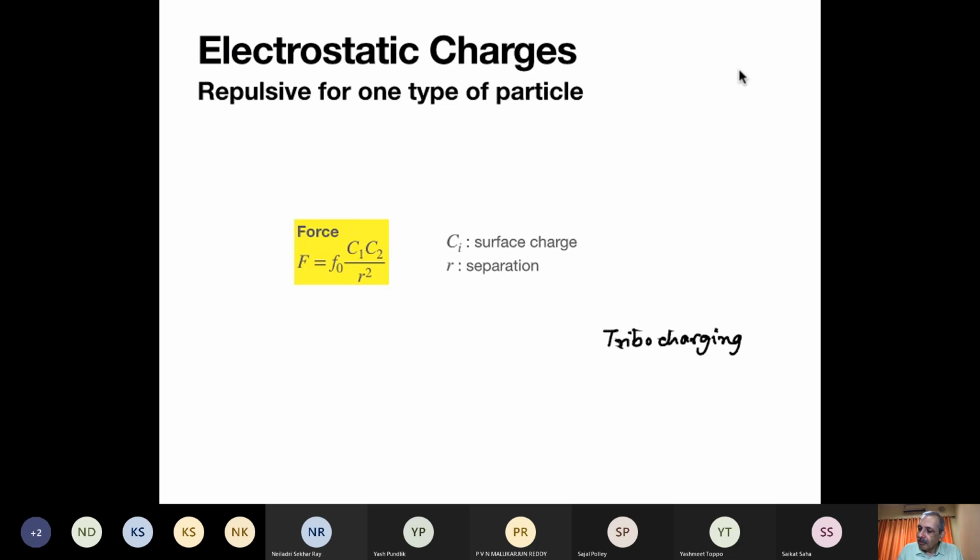But if you have like charges, then the particles will repel each other, and this affects the flow. Very often when we are doing experiments, we'll put an earthing on the system so that any charge that is built up is drained away. Because when the charges build up, the particles start repelling each other, and then they have very odd flow behavior.